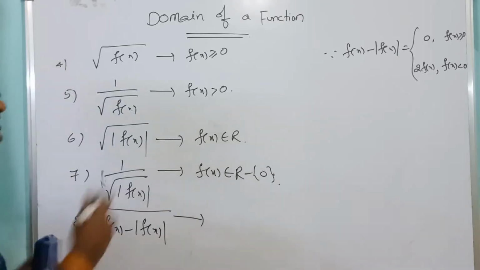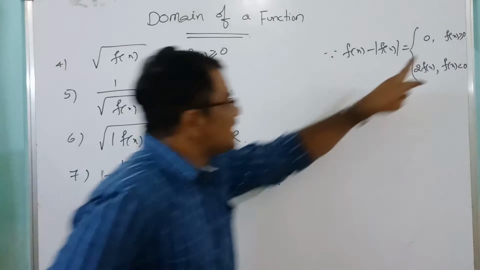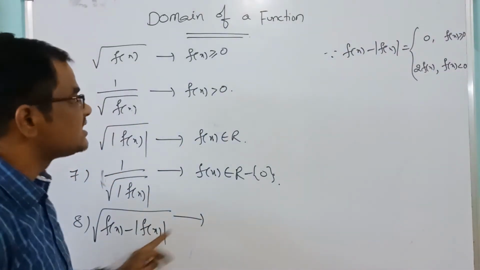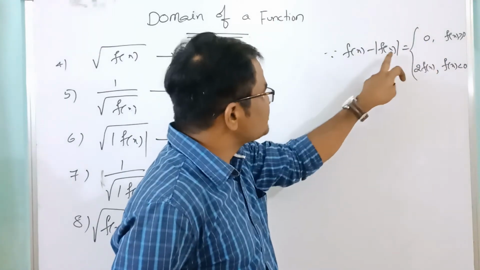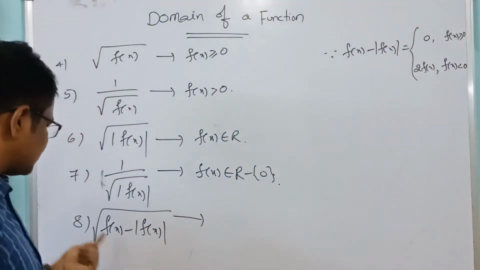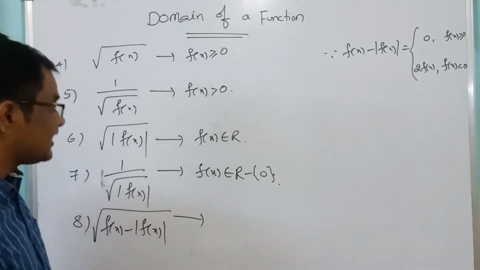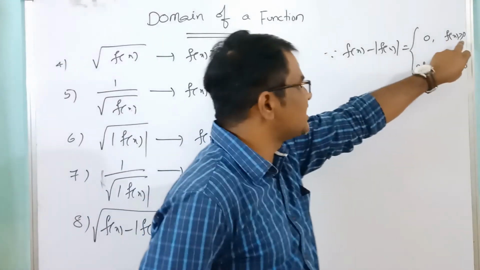Suppose f of x is greater than or equal to 0. Then f of x minus mod f of x is 0, and root 0 exists because it belongs to real numbers. So it exists when f of x is greater than or equal to 0.